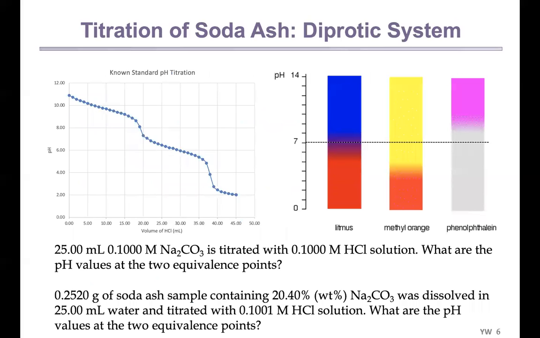I believe that all of you have already started or finished the pH lab. So you probably already have a good idea about how a diprotic system works in titration. Basically, you would expect two jumping areas due to the equivalence points.